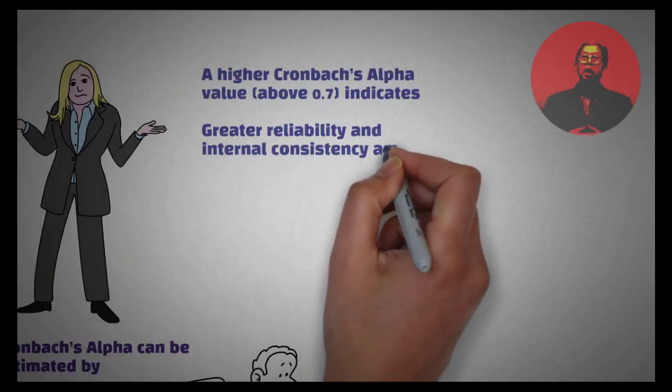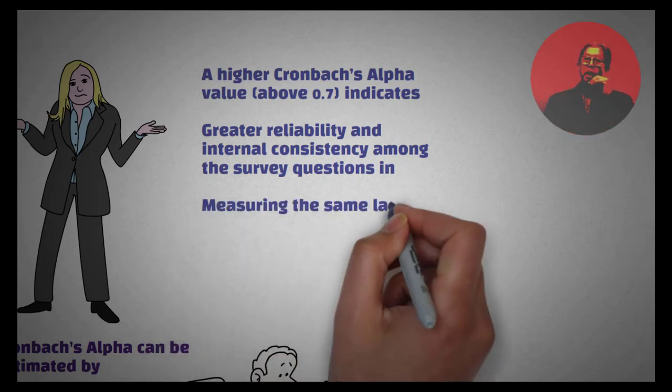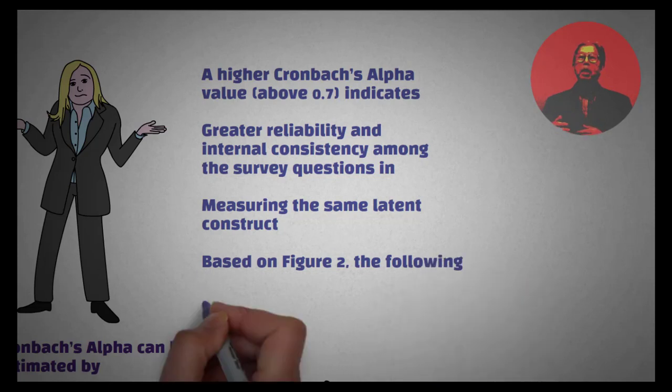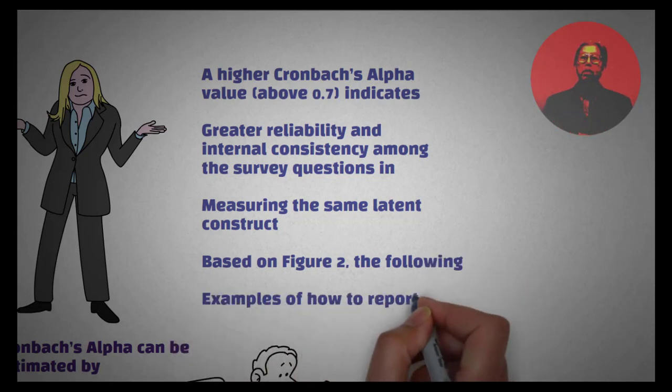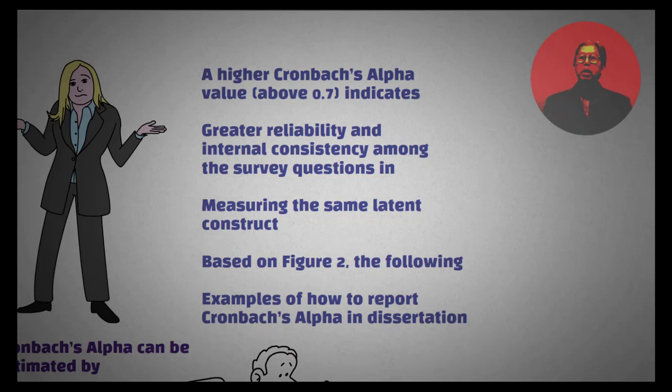Higher Cronbach alpha above 0.7 indicates greater reliability and internal consistency among the survey questions in measuring the same one latent construct.